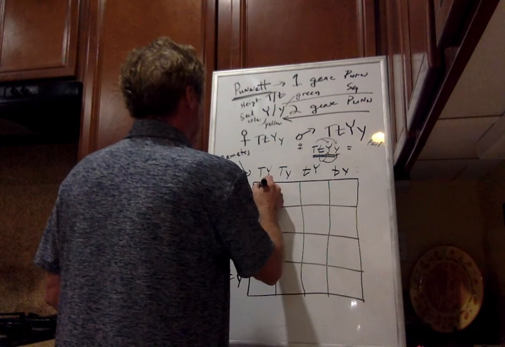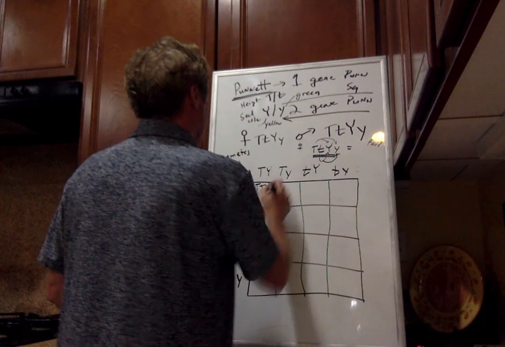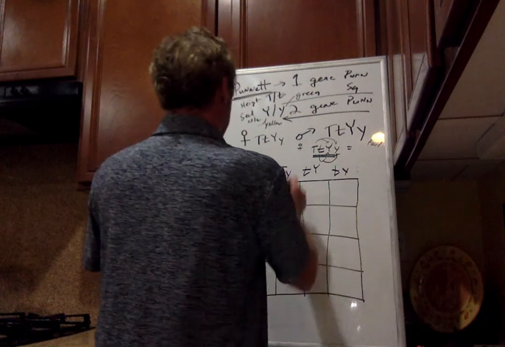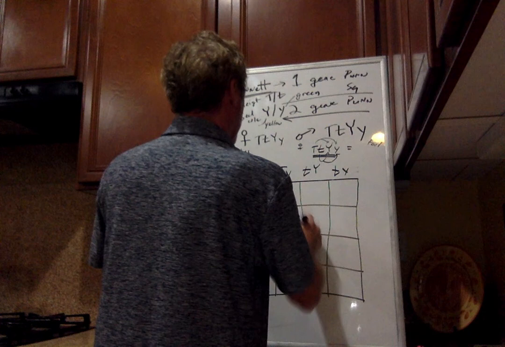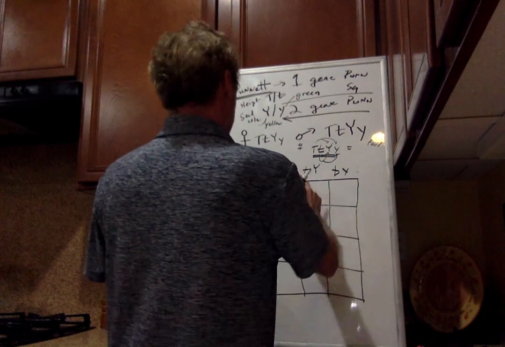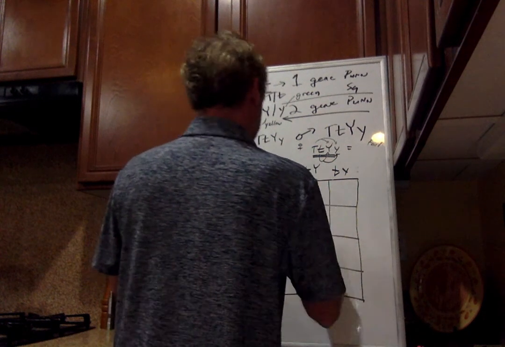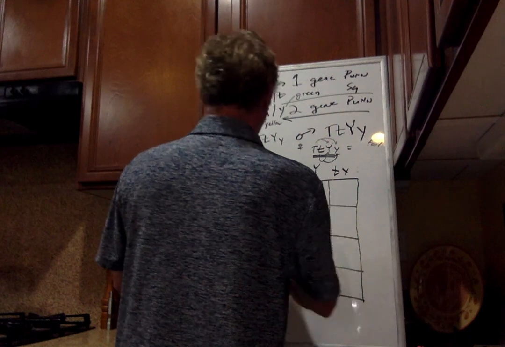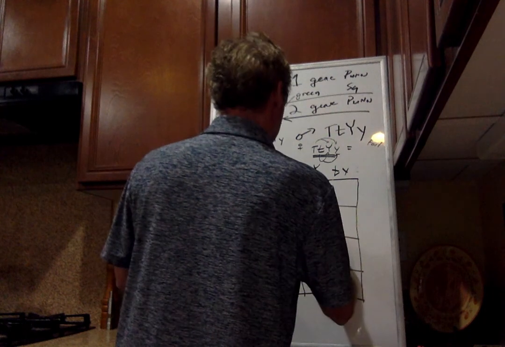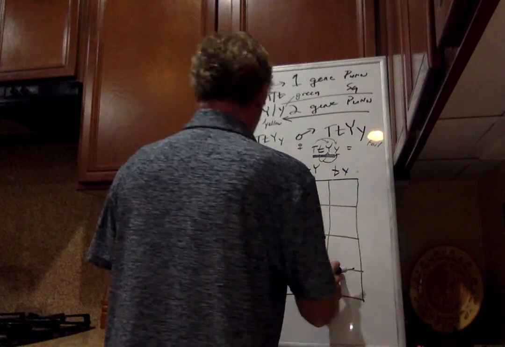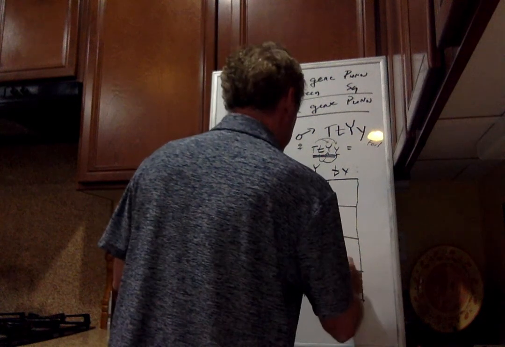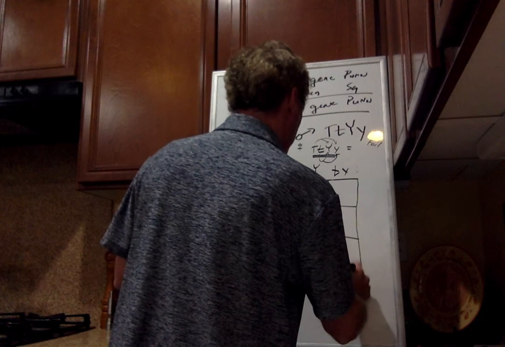This one will be big T, big Y, big T, big Y. This one would be big T, little y. This one here would be little t, big Y. And this one down here would be little t, little y.